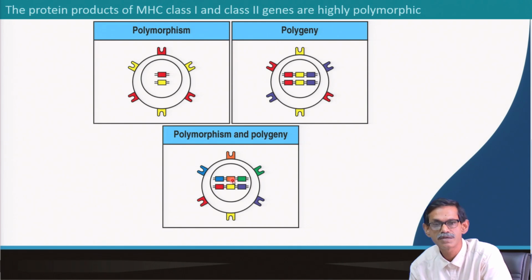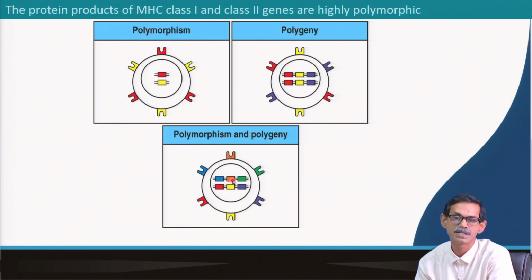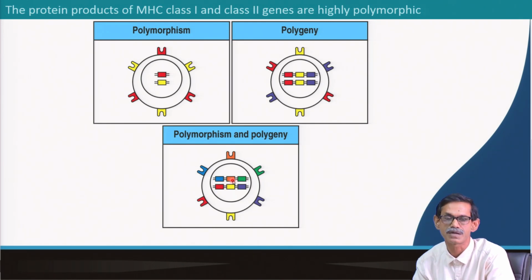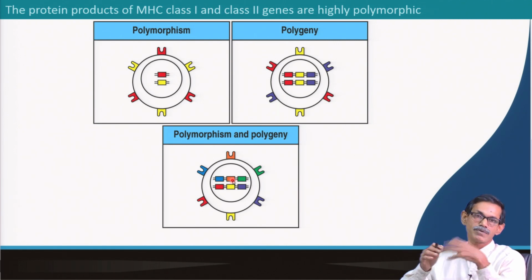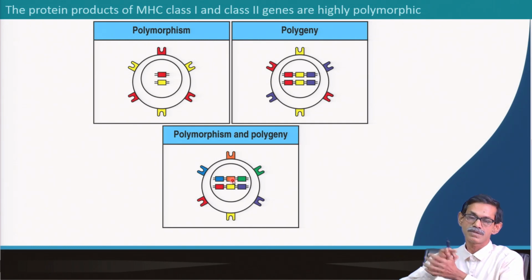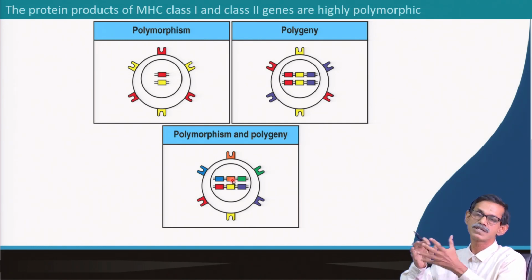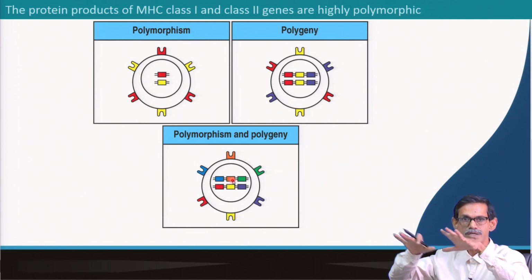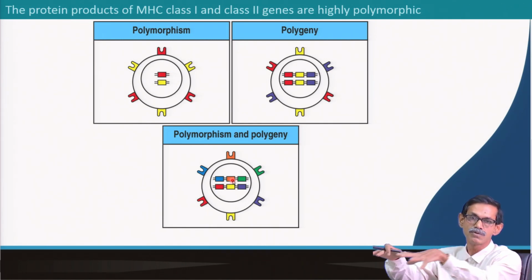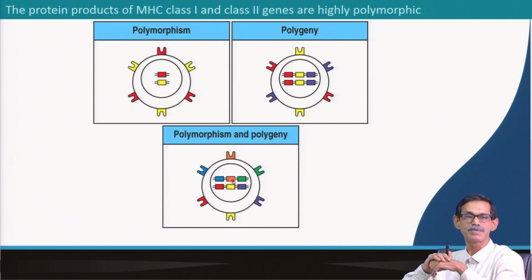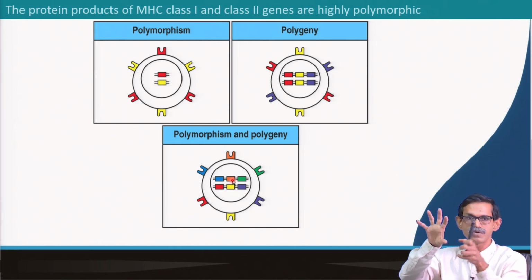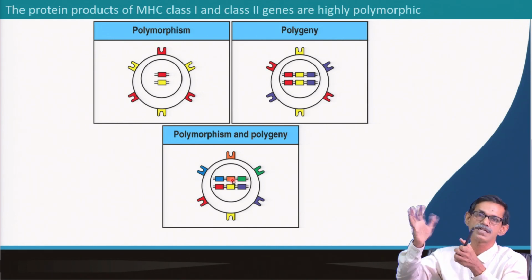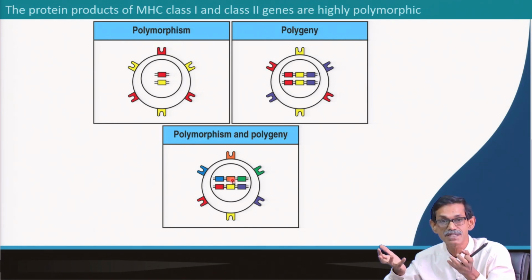But we need lots of actin. If you see macrophage, the expression of actin is much more than in any other cells, because they are continuously moving. In Entamoeba, another protozoan parasite, they are always moving, making pseudopodia and phagocytosing, they need lots of actin, so they have multiple copies of actin genes.